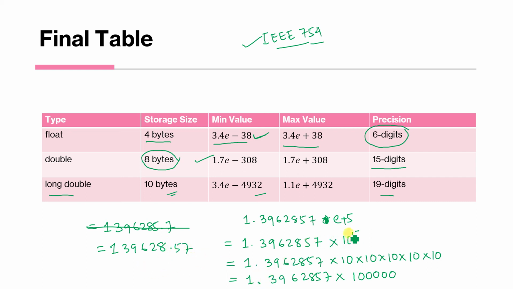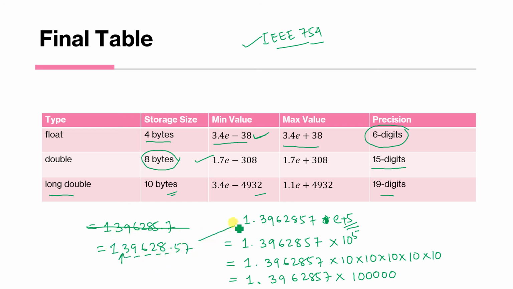So whenever you see the exponent value is given as plus 5, the decimal representation of this scientific notation will be shifting the decimal point 5 digits towards the right. 1 2 3 4 5, so the decimal point is actually here and it has shifted to here. This is how a normal decimal number is represented.